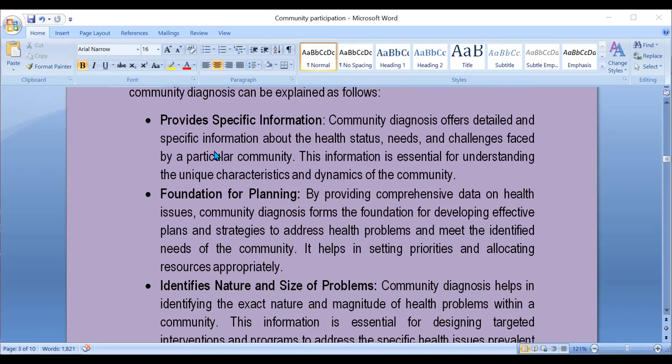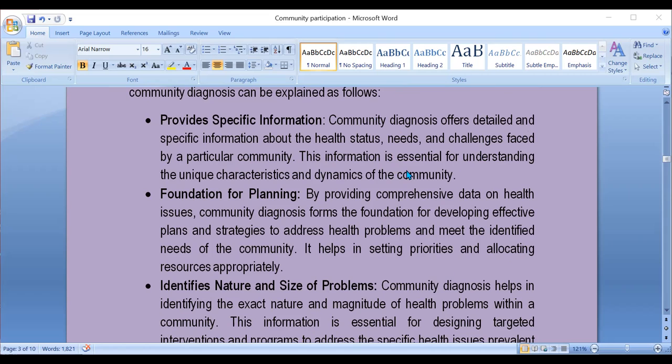What is the rationale for community diagnosis? One, it provides specific information. Community diagnosis offers detailed and specific information about the health status, needs, and challenges faced by a particular community.